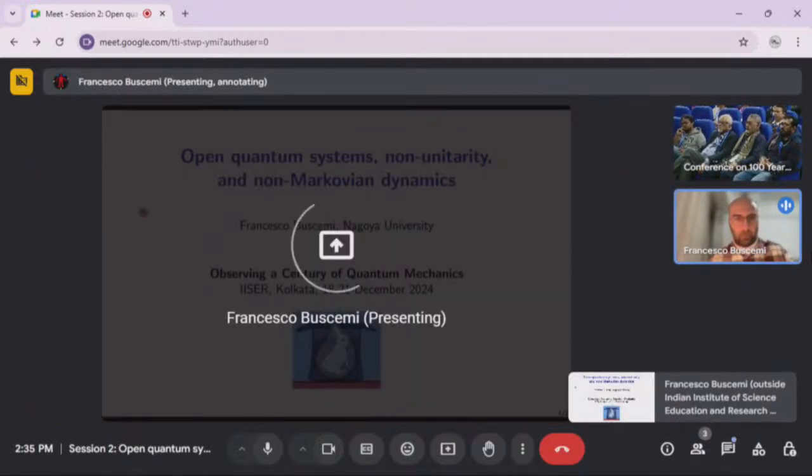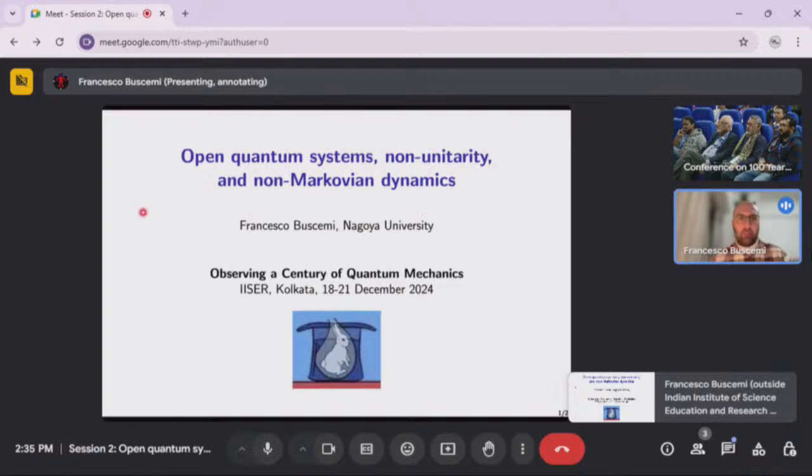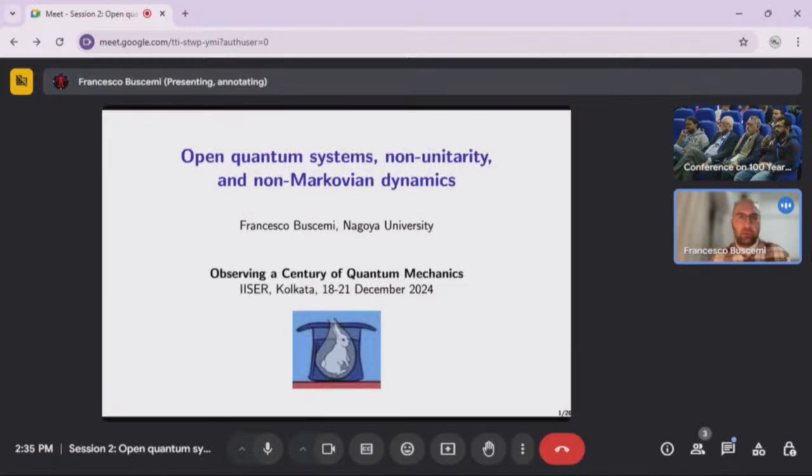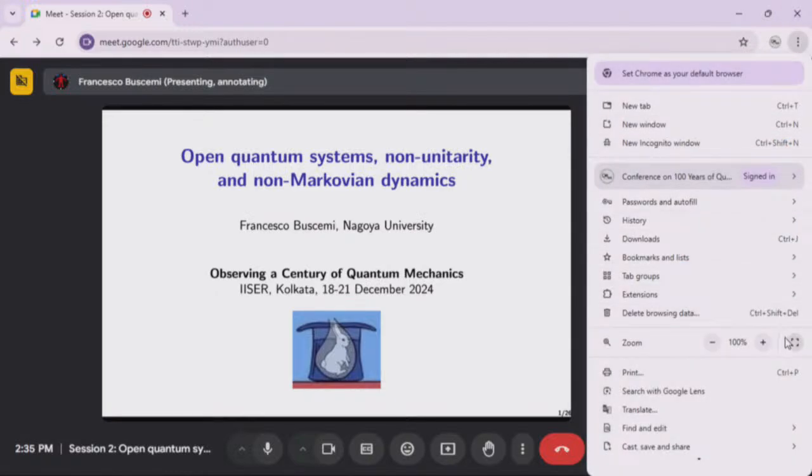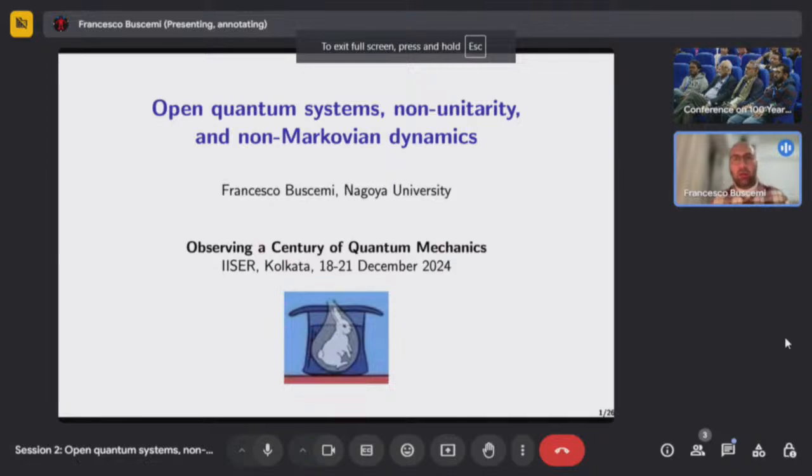Okay, so I will try to introduce one of the main problems. There are many issues with open quantum system dynamics, but I would like to focus on one particular problem: the problem of non-Markovianity, and how to define the reduced dynamics of a system when there are possibly initial correlations between the system and the environment, and then the two go through joint evolution.